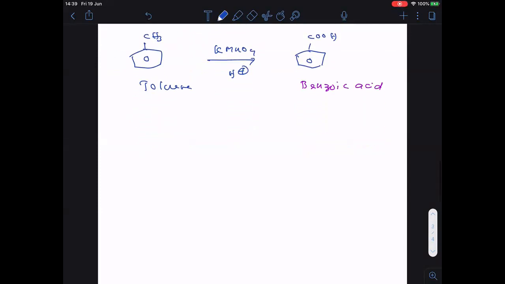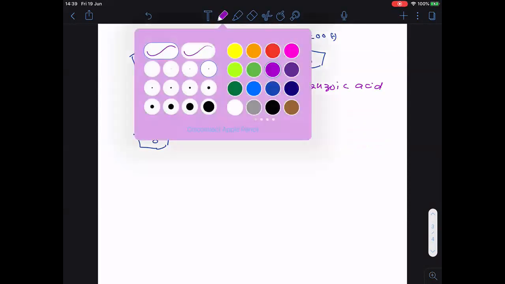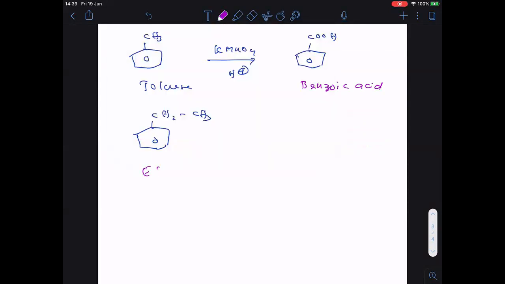Okay. Now, if I take ethyl benzene, in the previous case I took methyl benzene. Now I want to take ethyl benzene. So let me write its name. This compound is said to be ethyl benzene. Clear?